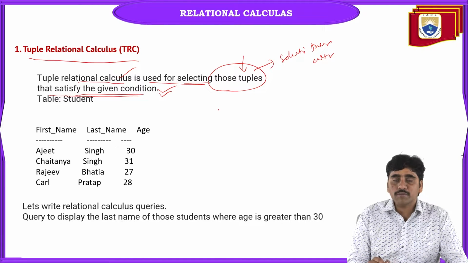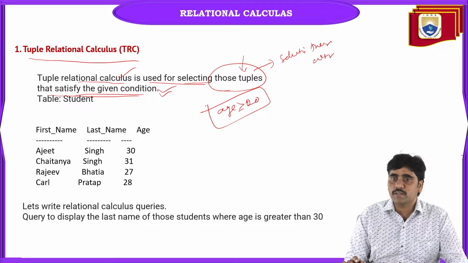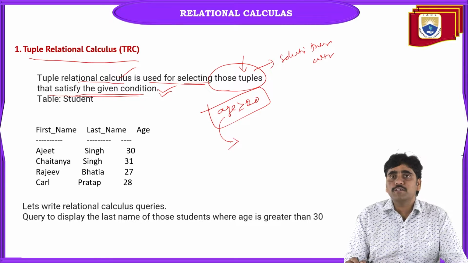Suppose you give the condition age greater than or equal to 20. That is what you mention as one tuple, and based on this tuple, you are going to display the result.